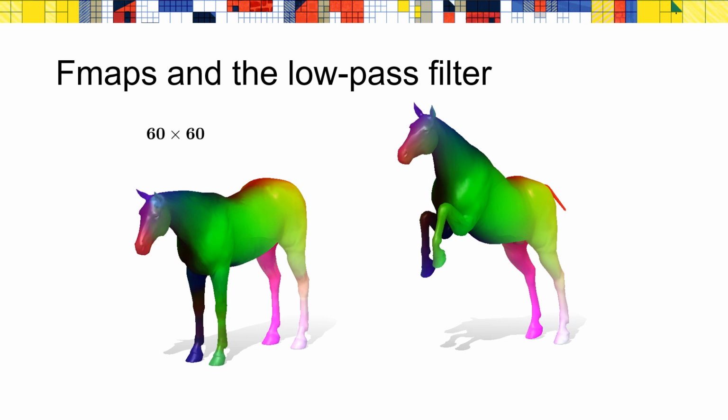You can see the light pink legs for which a completely wrong mapping is provided at this scale. And if you remember, the result that we obtain with 200 Fourier basis is very accurate.